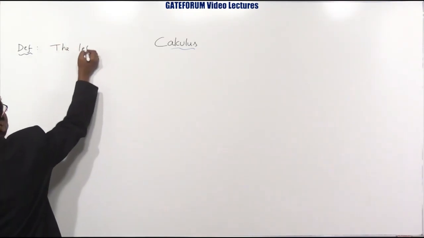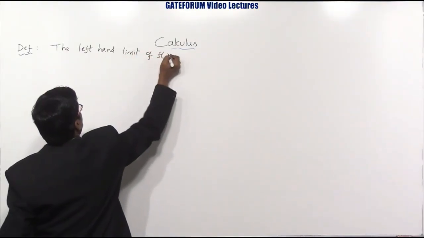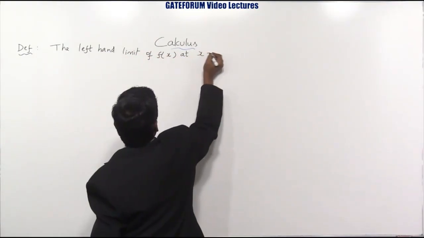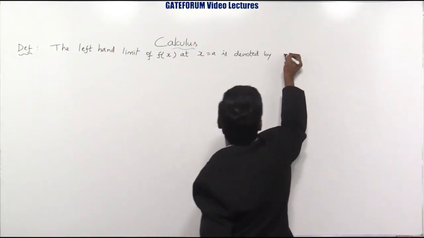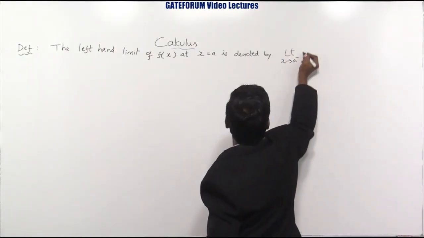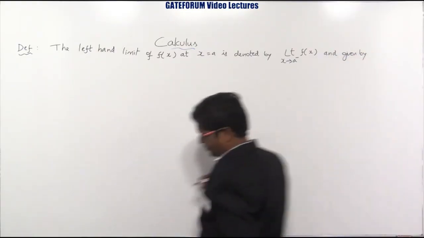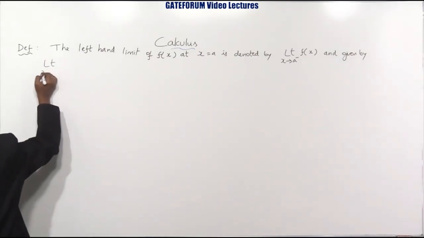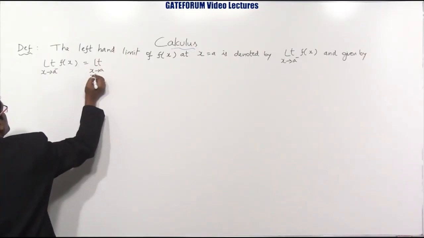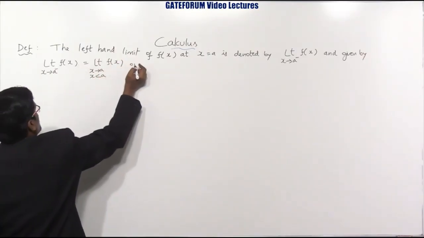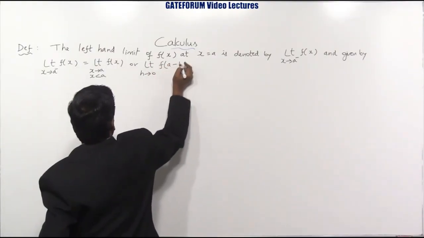The left hand limit of f of x at x is equal to a is denoted by limit x tends to a minus f of x and given by limit x tends to a minus f of x is equal to limit x tends to a x less than a f of x, or this alternative procedure is 11th class limits, limit h tends to 0 f of a minus h.